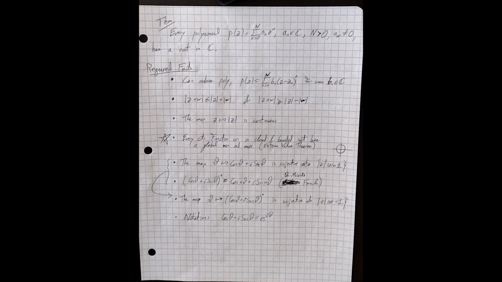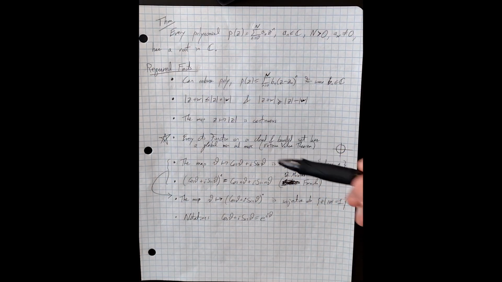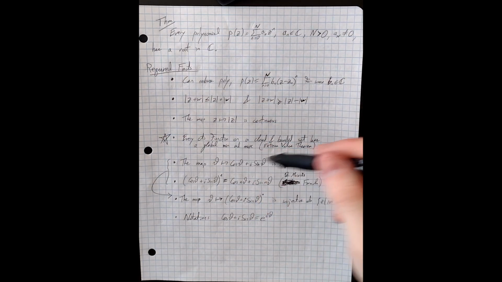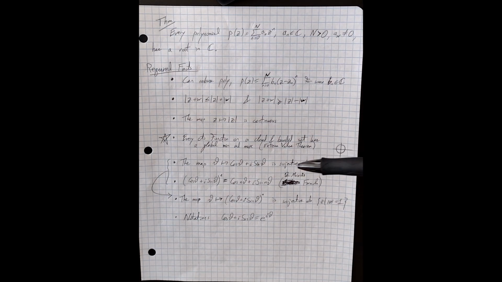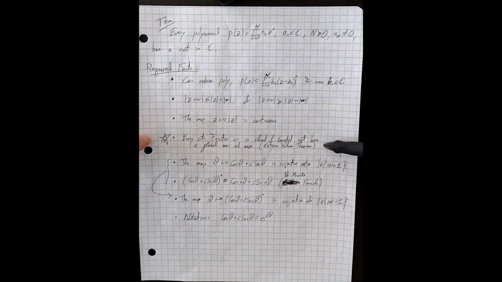The proofs that I know require you to do a little topology and kind of show that closed and bounded sets are the same as compact sets, at least in like R2 or C. And then once you have that, it's a very easy proof to show that a continuous function on a compact set has extreme values.